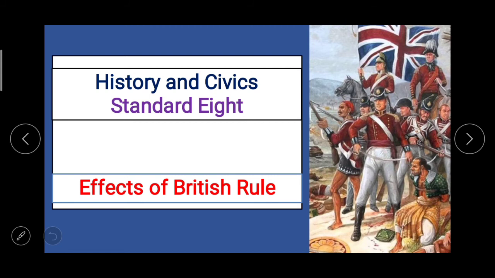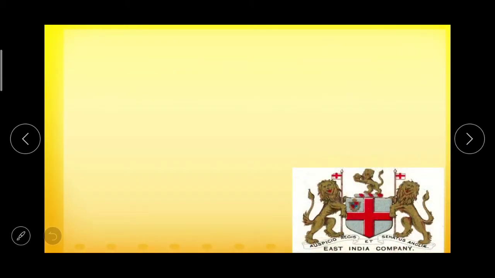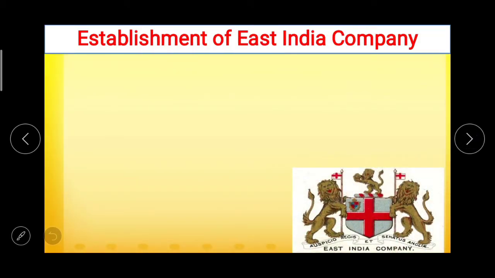The first point we are going to talk about is the establishment of East India Company. In short, we are going to study the effects of British rule over India.